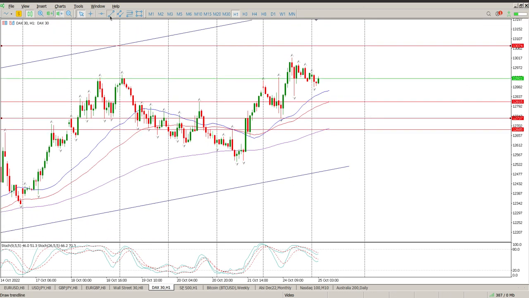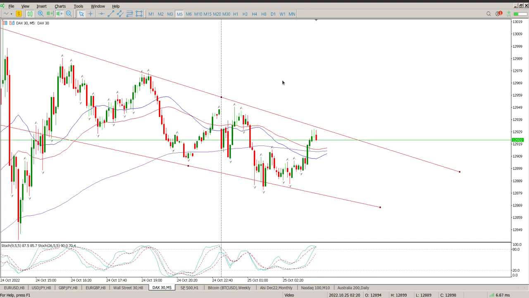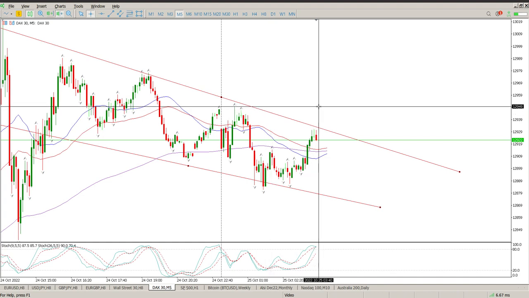The other thing that you've got brewing here is a bit of a flag. So you apply that logic, you're going to have to come down to like the 5 minute, and you're going to look for a break and retest of the high of the morning at the open. So you get between a 5 and a 15 minute close above this 12,950 area.